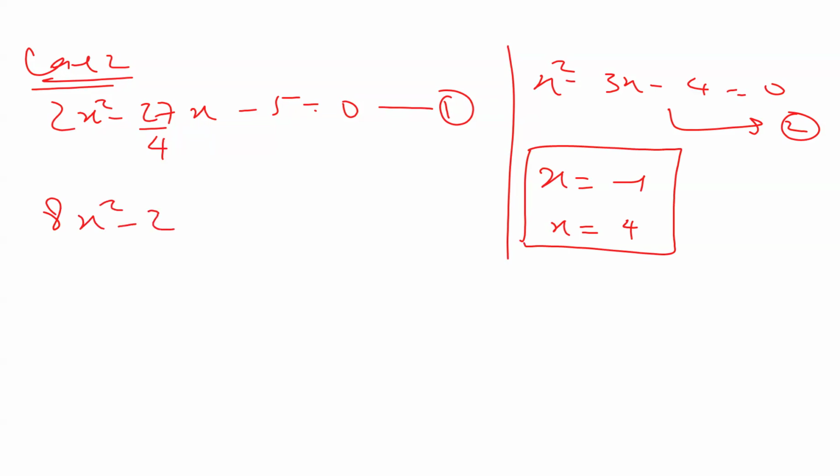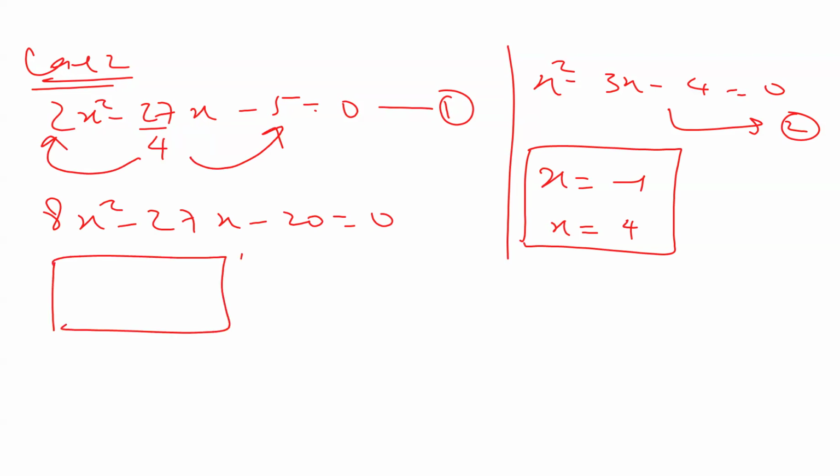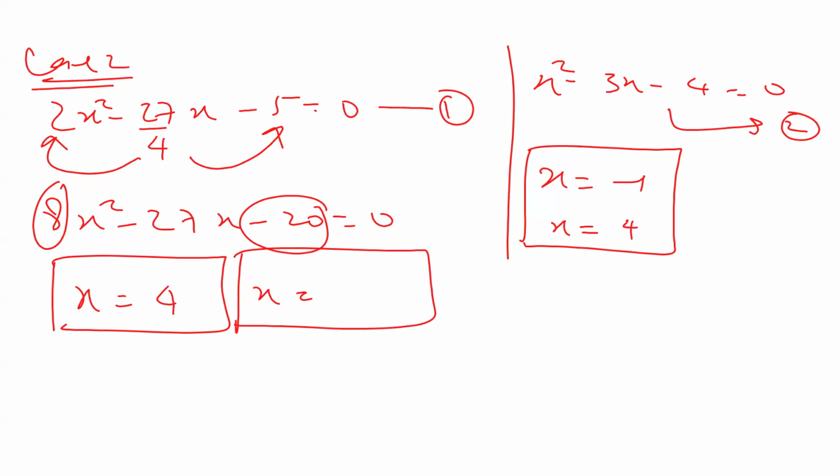You have to solve this. So 8x square minus 27x minus 20 equal to 0. Okay. I took LCM. Then 4 is also gone. Now here you need to solve and get the values of x. Okay. So -20 into 8 is -160.